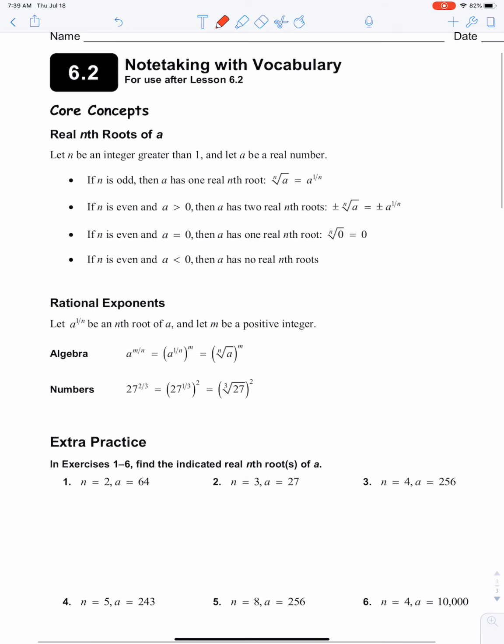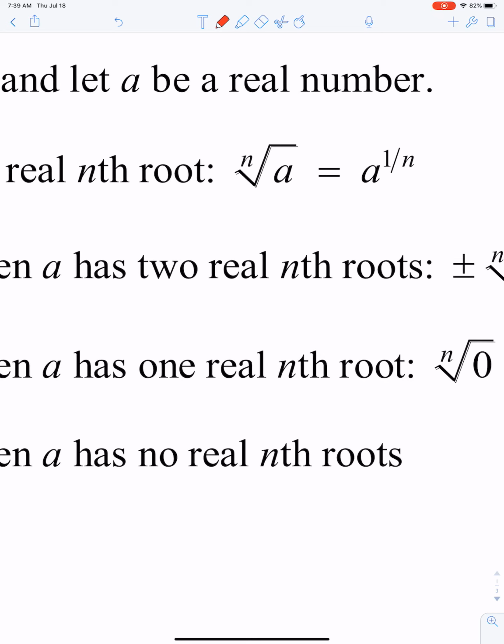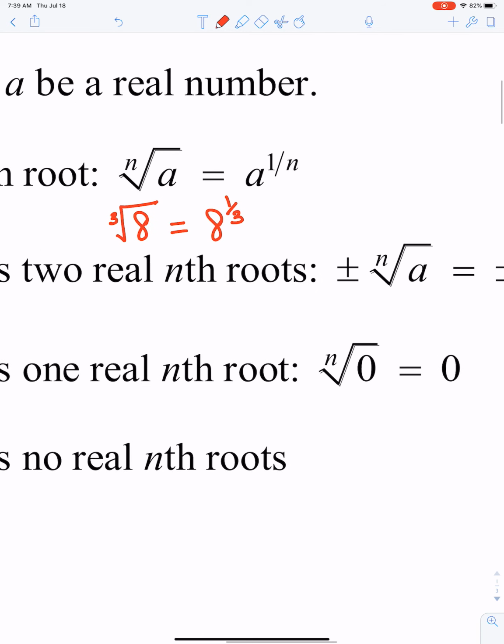Looking at this a little more closely, let's say we're taking the cubed root of 8. That can also be written as 8 to the 1/3 power. Either way, it means the same thing. We know that the cubed root of 8 is positive 2.